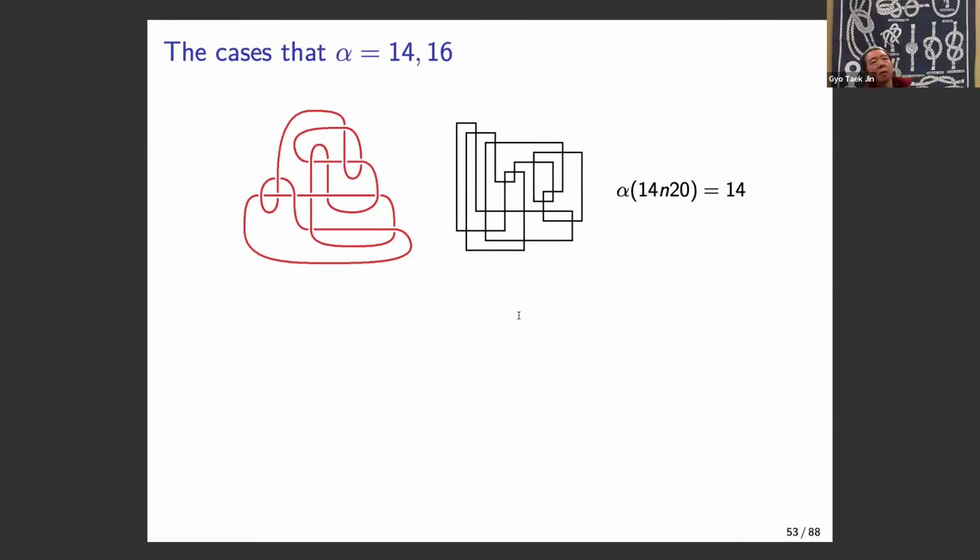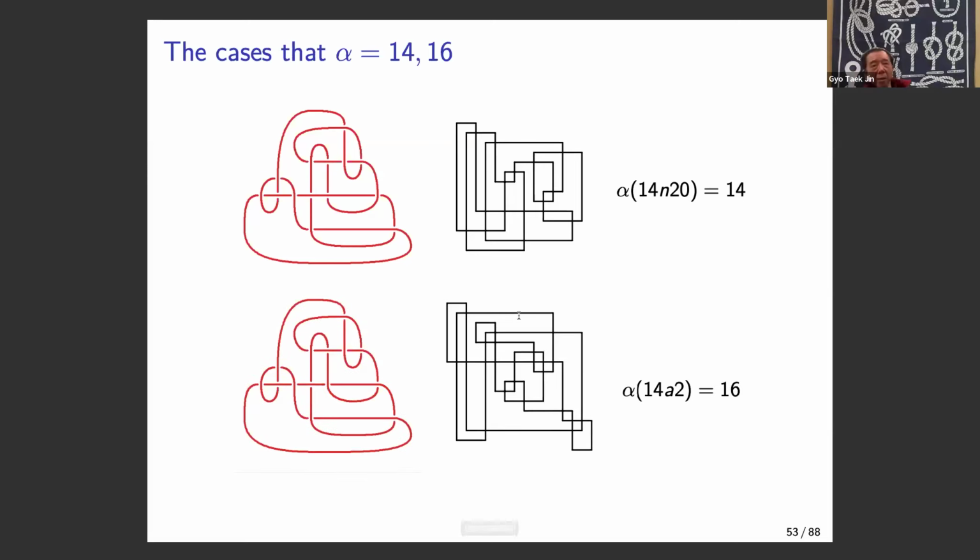For the arc index 14 case, we need to find a grid diagram with unit length vertical segment in two places, and that's pretty easy because every non-alternating diagram has at least four non-alternating edges, so you can successfully find two places.